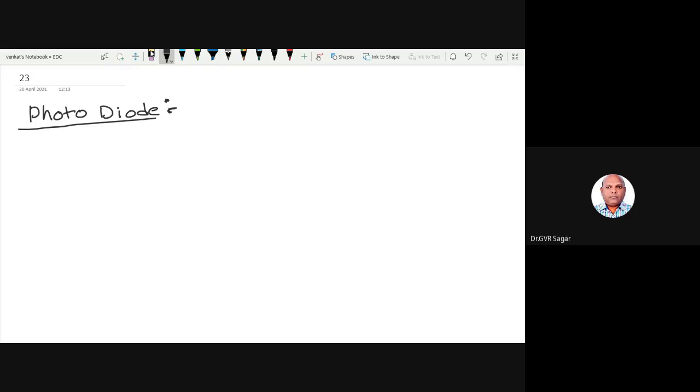Next one is the photodiode. The photodiode is similar, but the LED operates under forward bias, while the photodiode operates under reverse bias. What is the difference? The LED generates light in forward bias, but a photodiode is a semiconductor PN junction device whose region of operation is limited to the reverse bias region only.